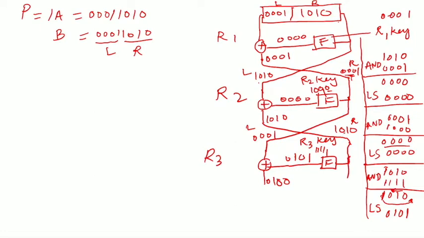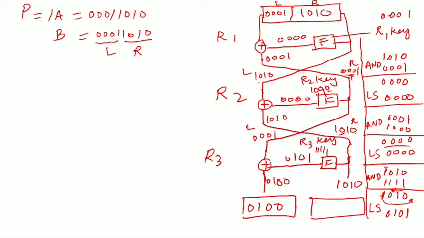Right, and then the right half of this round is 1010. Now remember, after the last round, we don't do any swapping. So whatever is the output of this XOR operation of the output of the round function with the left half, this becomes our left half, and the right half is the right half unprocessed of this current round, which is 1010.